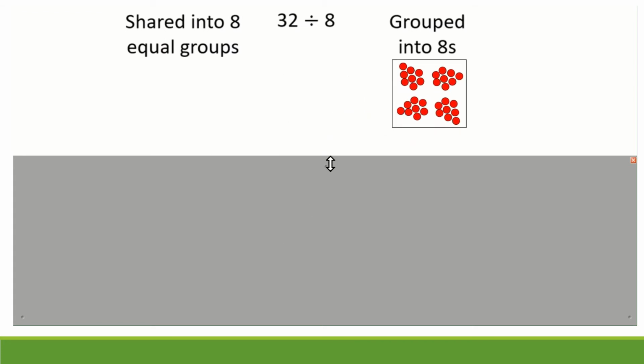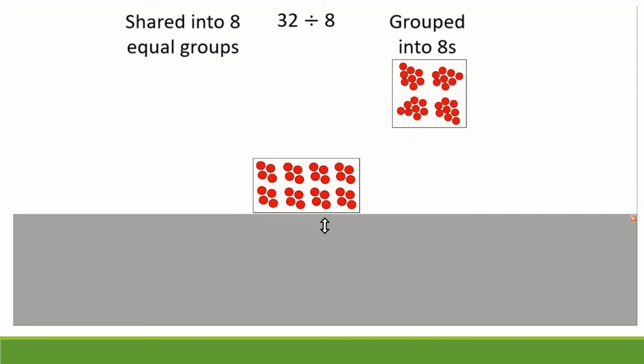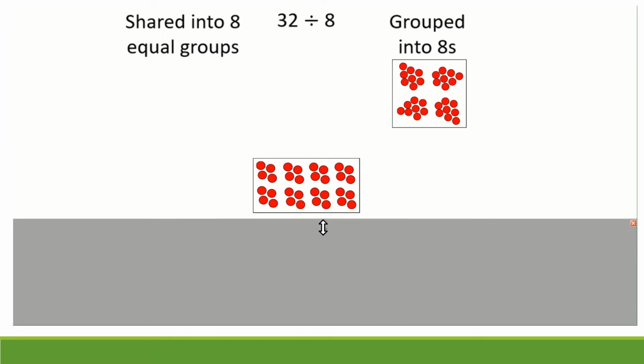Shall we take a look at the next one? What do you think? Is it shared into 8 equal groups, or is this one grouped into 8s? Shall we take a look? I can see 1, 2, 3, 4, 5, 6, 7, 8. So this one is shared into 8 equal groups, and there are 4 in each group.